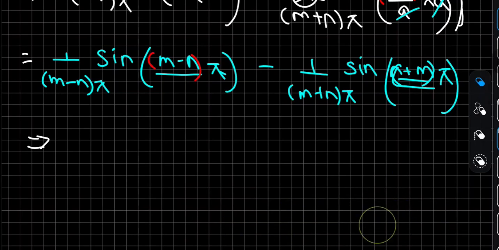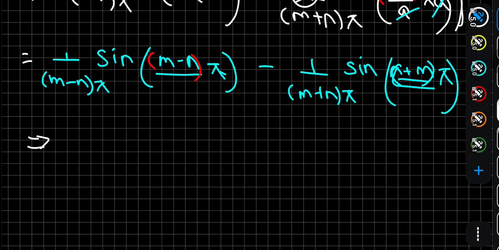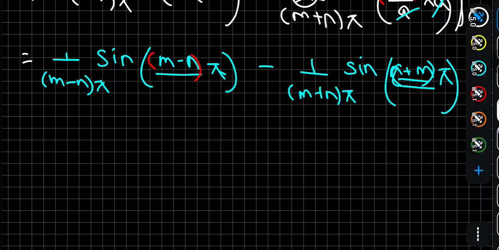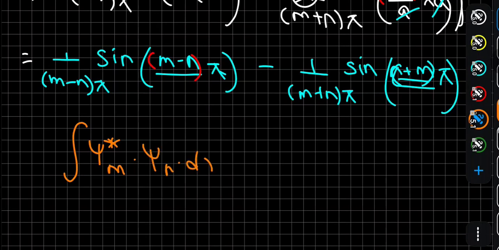Otherwise, what will happen? Okay, so this is now a good question. So let me put it here, that the integral of psi complex conjugate of m dot psi of n dx is equal to the Kronecker delta mn.